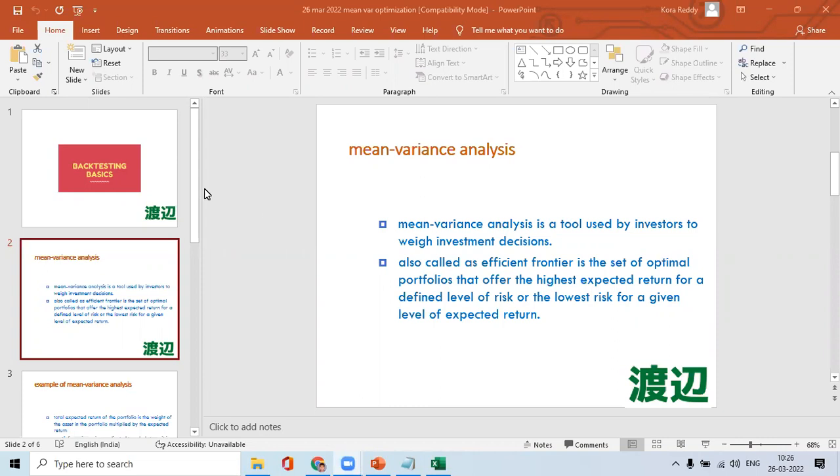In continuing the past few sessions, today we would be learning something called mean variance optimization.